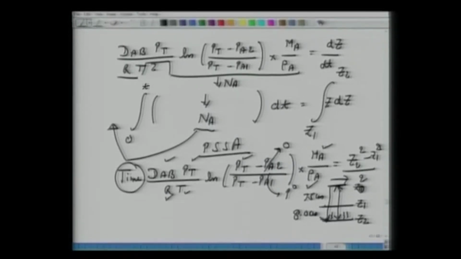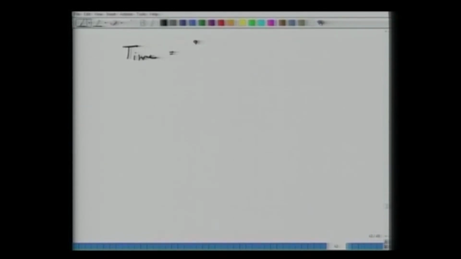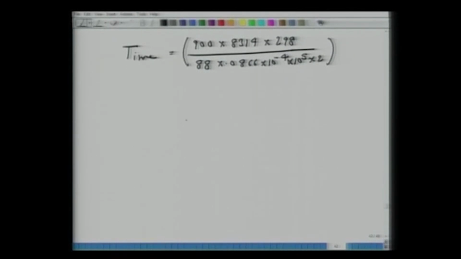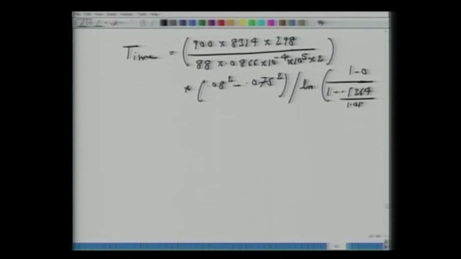So the time of diffusion is T, all direct substitutions: 900, 8314, 298. 900 will be the density of acetate, molecular weight 88, diffusion coefficient 0.0866 times 10 to the power minus 4, 10 to the power 5 into 2, into 0.08 square minus 0.075 square by 2, this 2 is here, divided by this ln of 1 over 1 minus 0.1264, divided by 1.013, the total pressure, into this.